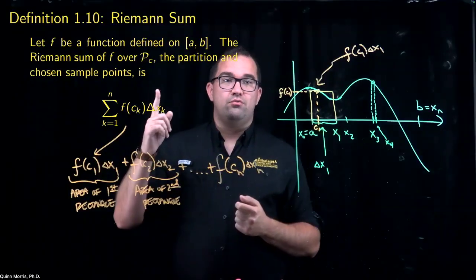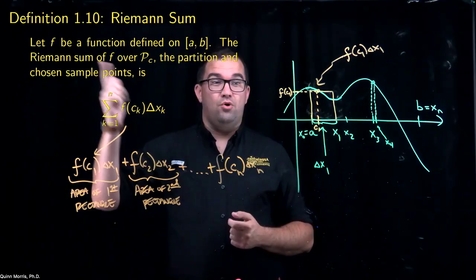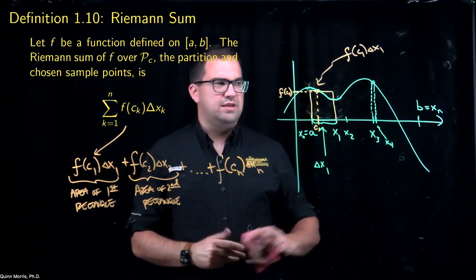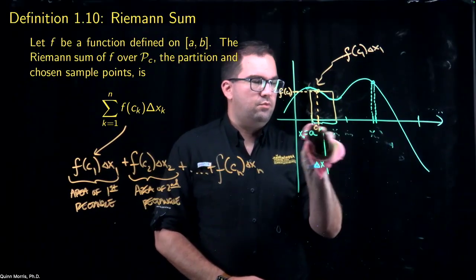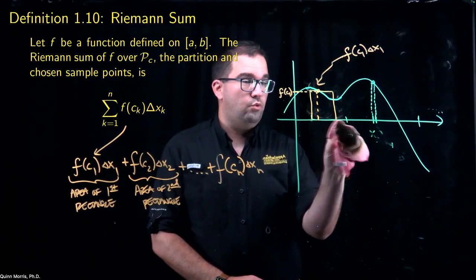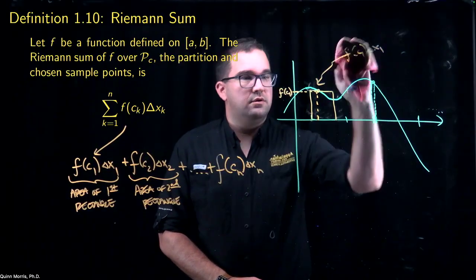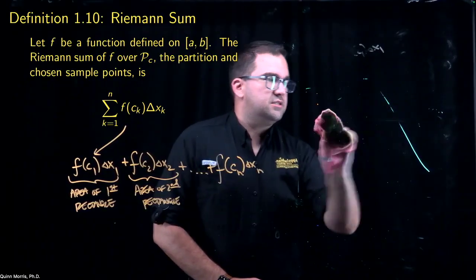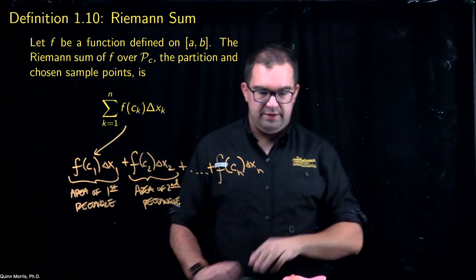On the other hand, if I don't require a uniform partition, which I'm not requiring here, and I don't necessarily know that my function is continuous, I've got some other things I need to be worried about. So we don't want to just take more and more rectangles, because it's possible, and I'll illustrate this in a second.